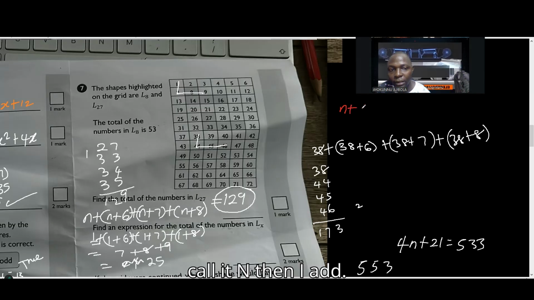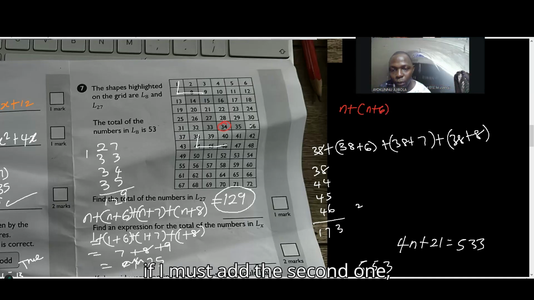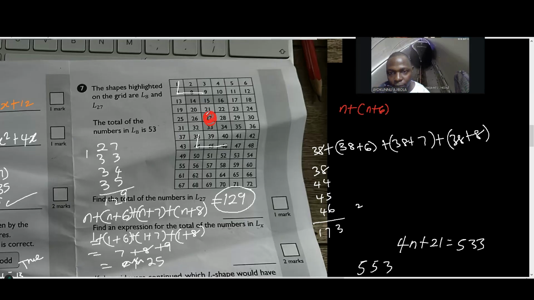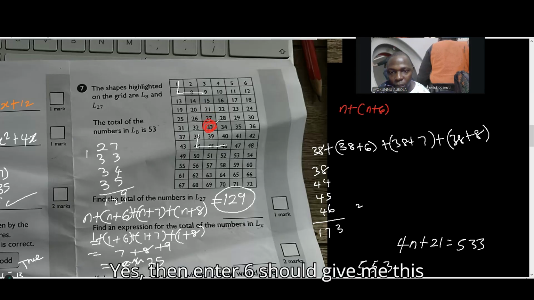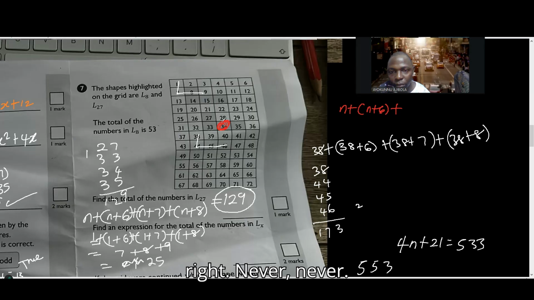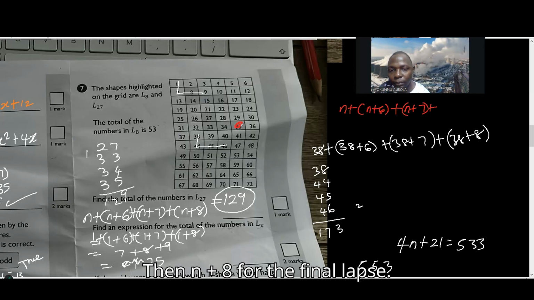Then to add the second one, n plus 6. Then n plus 7, then n plus 8 for the final one.